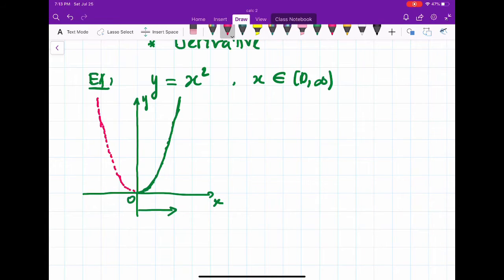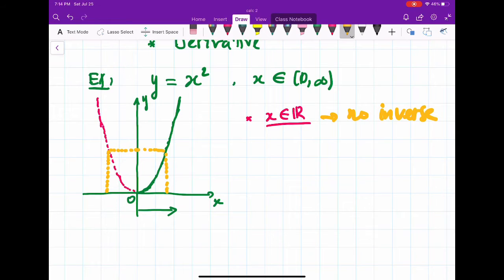If we consider this function on the whole number line, the function does not have any inverse, because if you pick some point y right here, there are two values of x corresponding to y. So in this situation, the function has no inverse. We already talked about this in the previous video.